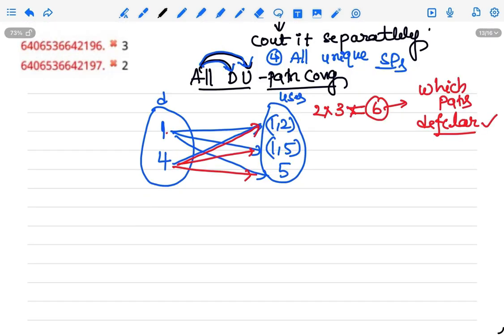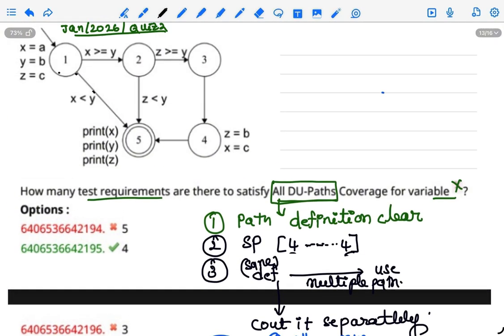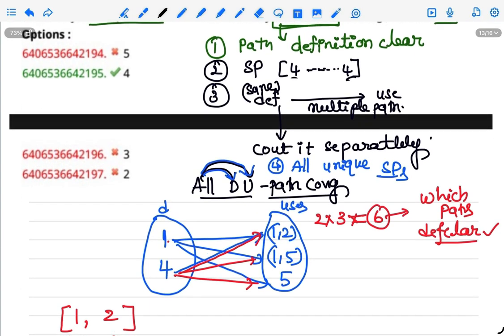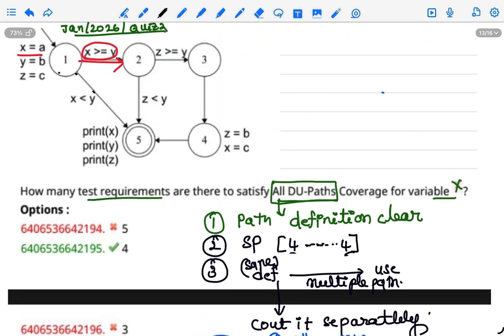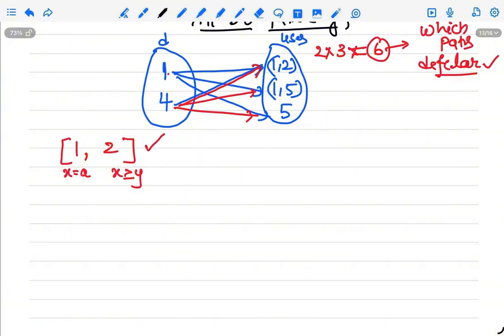So 1 to 1 comma 2: the definition is at x equal to a, and the use is x greater than or equal to y. This is a valid path, one DU path.